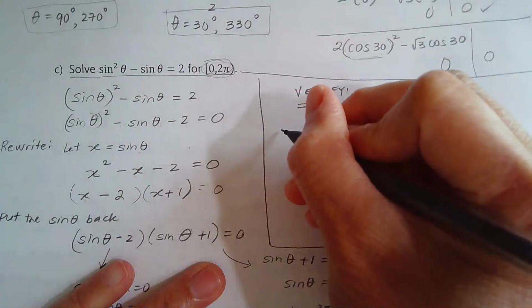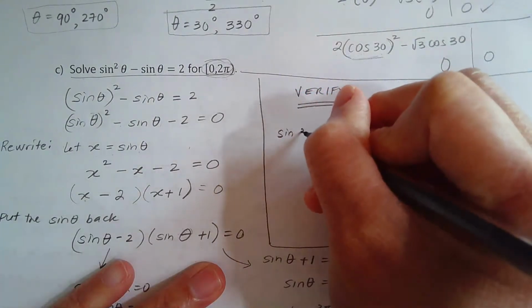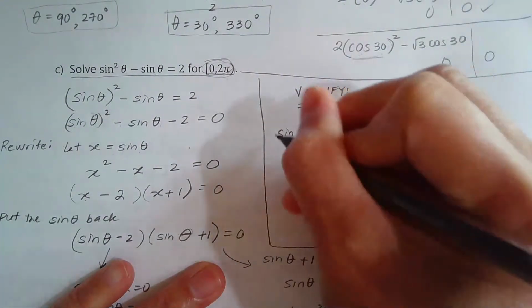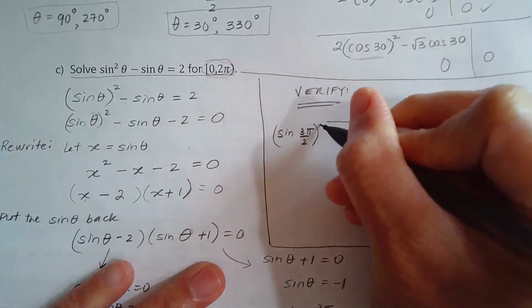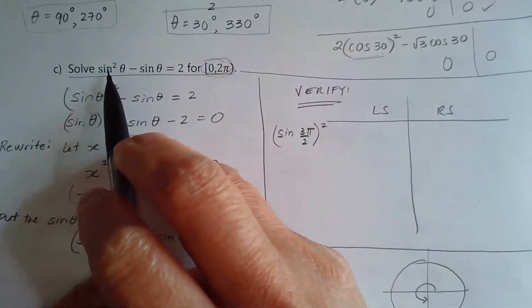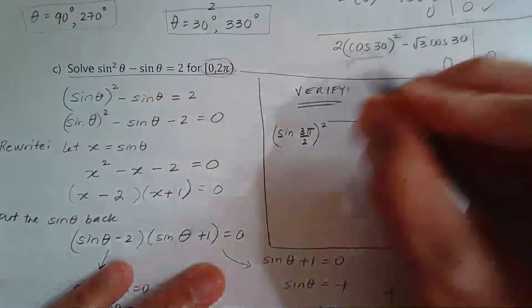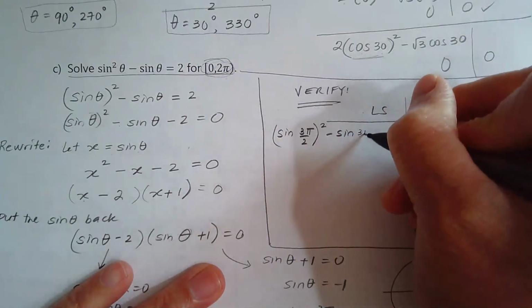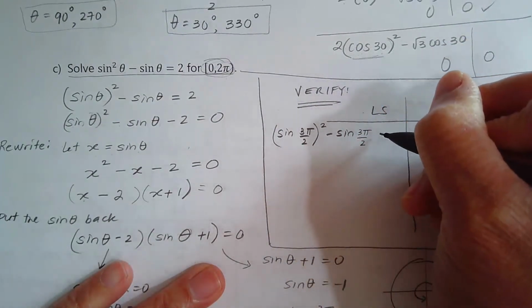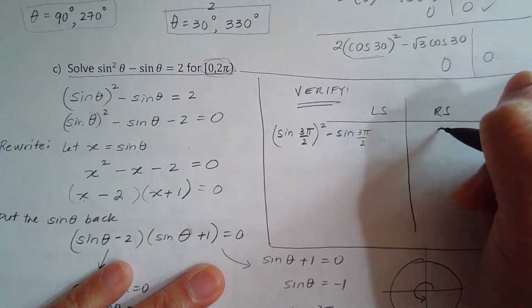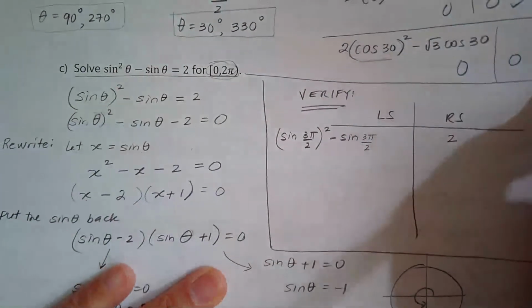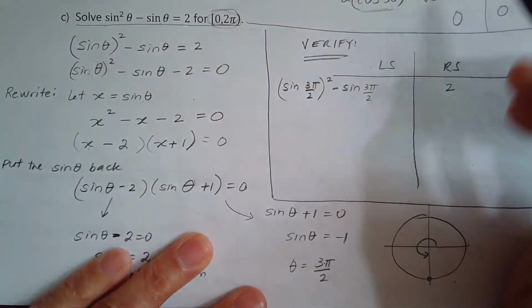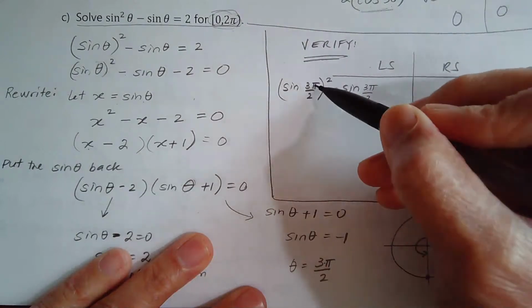Sine squared of theta minus sine of 3 pi by 2 equals 2.